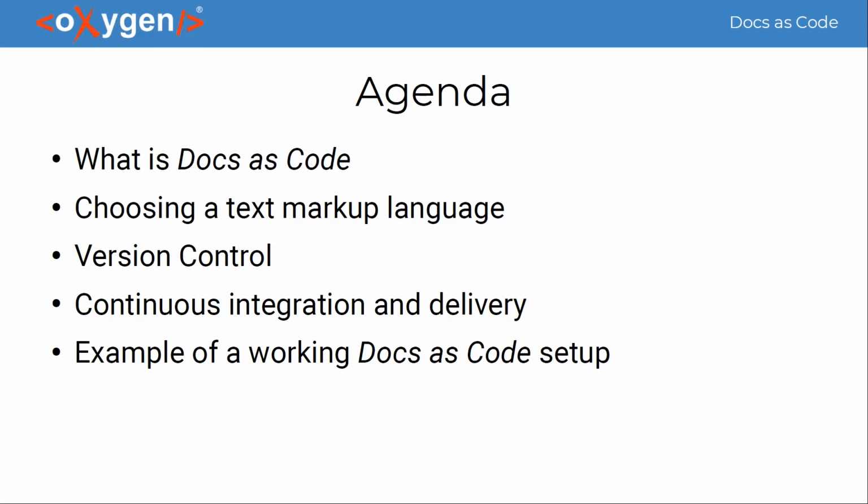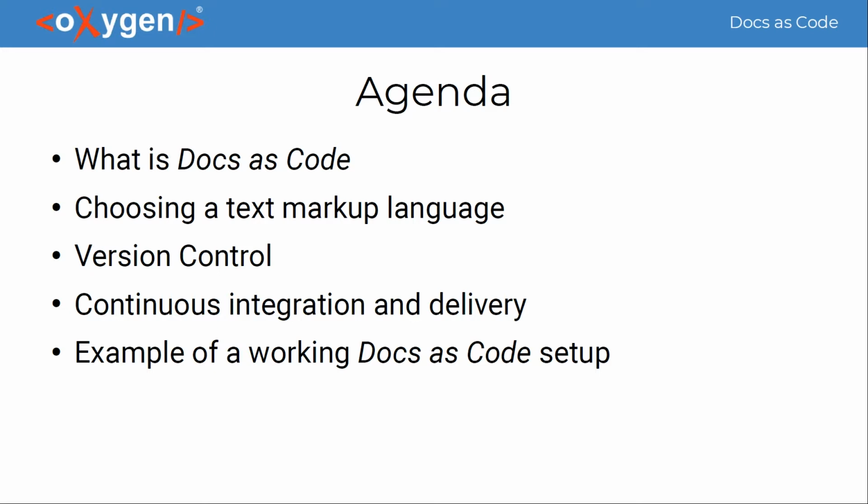So we'll talk a bit about an initiative that is called Docs as Code. Then we'll take a look at how we can choose a text markup language, what is version control, what benefits it brings.